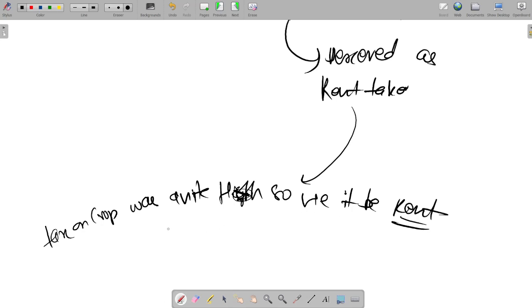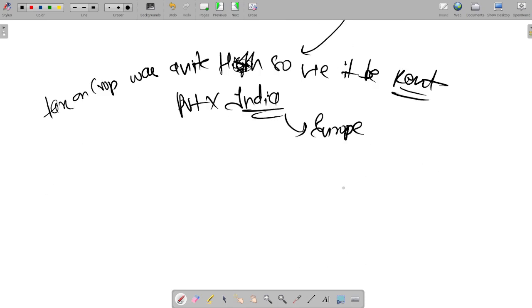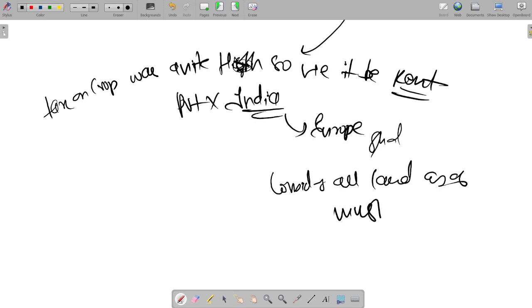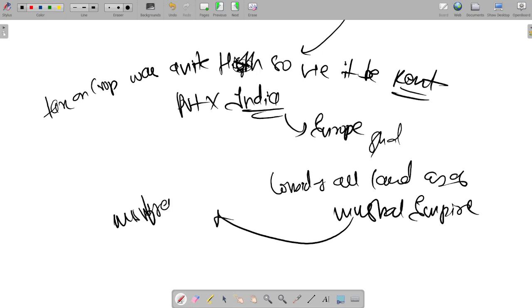And he said the concept of private property is not in India, and Europe should never become like India. He considered all land as of the Mughal Empire, which was misinformed, or misunderstood by him.